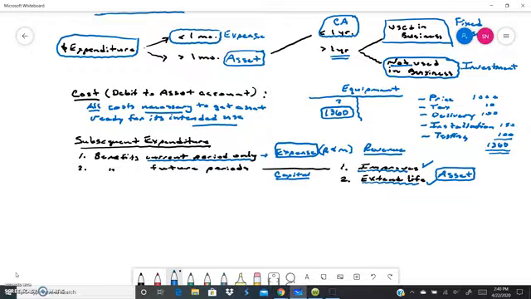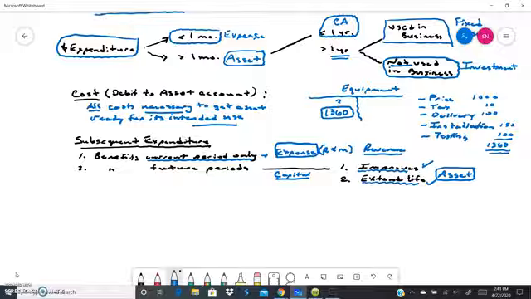If it's just to maintain it and keep it operating, then it's going to be classified as an expense. So debit repair and maintenance expense, credit cash. If it's going to improve the asset, then debit the asset, debit truck, credit cash. If it's extending the life, debit accumulated depreciation, truck, credit cash.